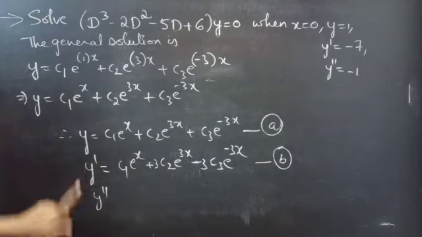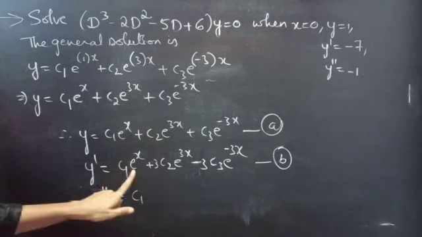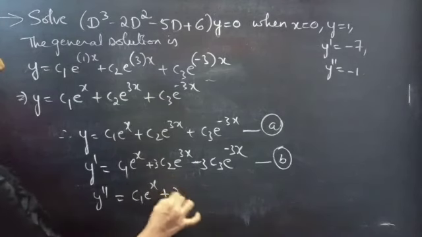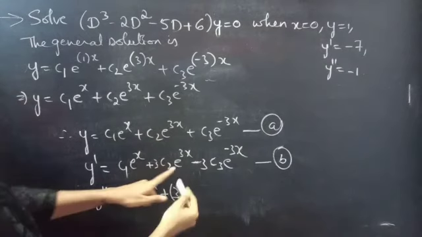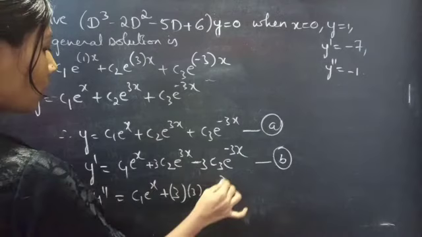Now find y double dash. Derivative of y dash is y double dash. We'll get c1 into derivative of e power x, which is e power x, plus 3 into derivative of e power 3x is 3 into e power 3x.